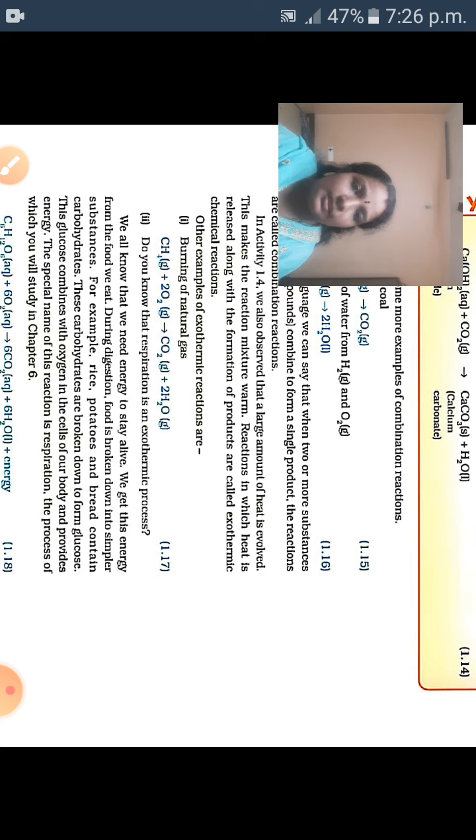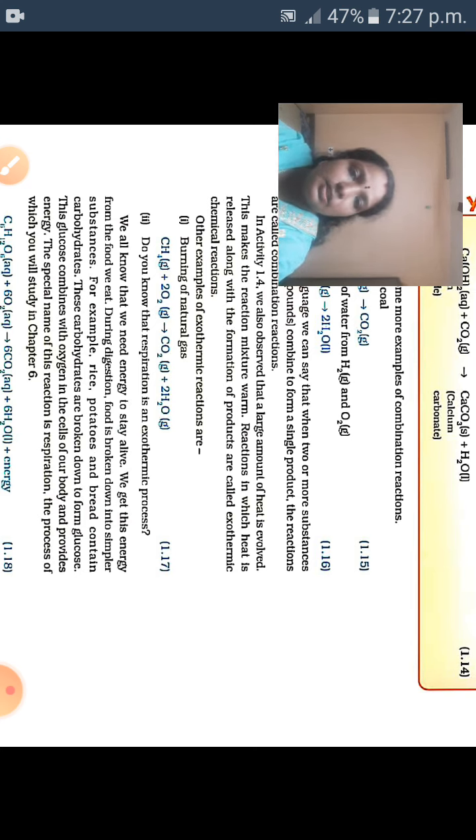Now look at another example of an exothermic combination reaction. In the previous class I explained that in an exothermic reaction, heat or energy is released in a chemical reaction. That type of reaction is known as an exothermic reaction or exothermic process.